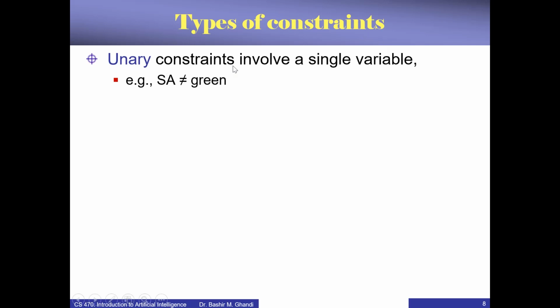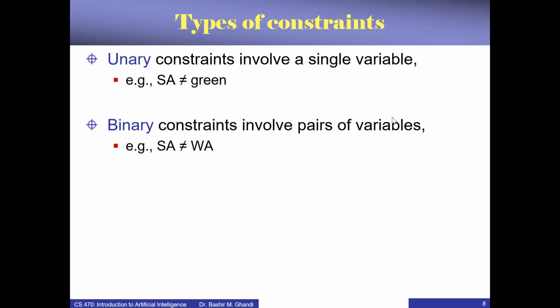This is a constraint that involves a single variable. For example, a constraint in our Australian problem that says South Australia must not be green. Obviously this constraint involves only one variable, and therefore it is called unary.